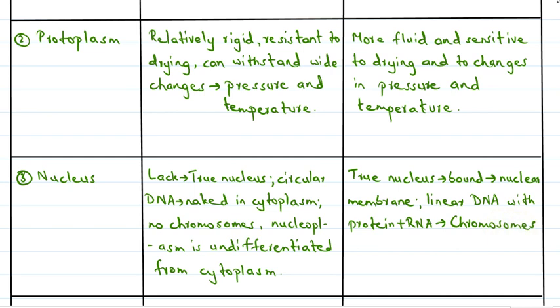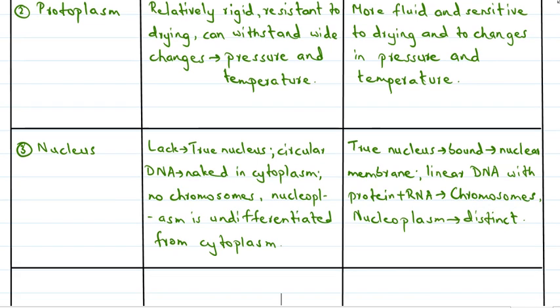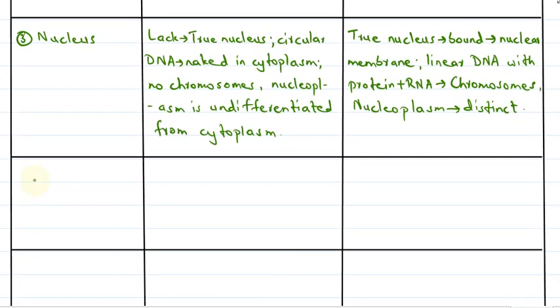And nucleolus and nuclear membrane are present, which was absent in case of prokaryotic cell, and nucleoplasm is also distinct, okay.